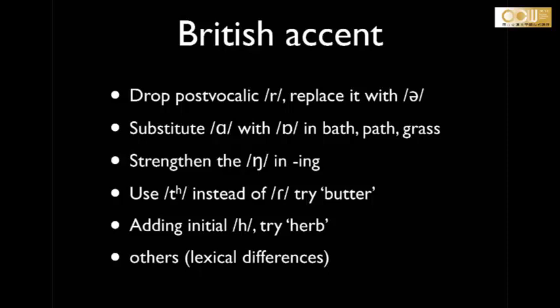And then there's another thing you can do. You can strengthen the ing suffix. If you compare "thinking" and "thinking," we emphasize that almost as if it has a longer duration. This is called ingma, and it has a longer duration. And then remember last time we talked about how they don't have the flap rule.